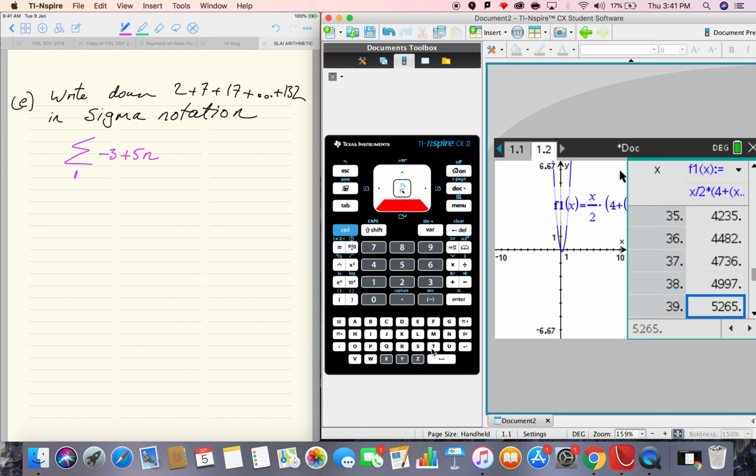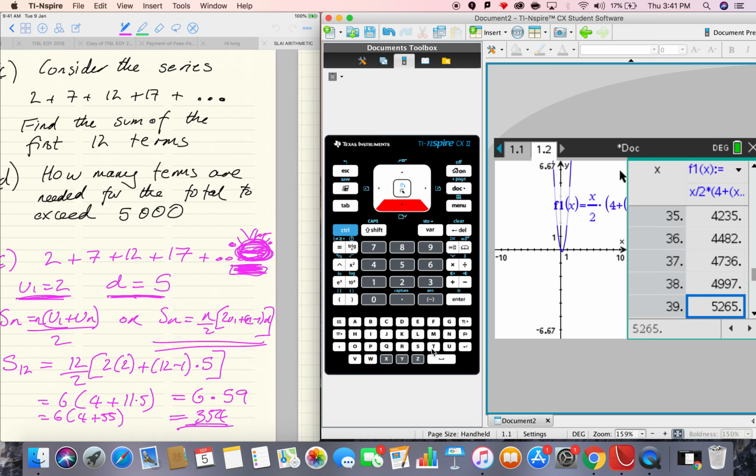When we feed 1 into here, what do we get? If n equals 1, we get minus 3 plus 5 times 1, which is 2. 2 is the first term. When we feed in 2, we get minus 3 plus 5 times 2, which is 7. That's the second term. And we're going to keep doing that all the way up to some value, so that when we do minus 3 plus 5 times that value, we get 132 coming out.